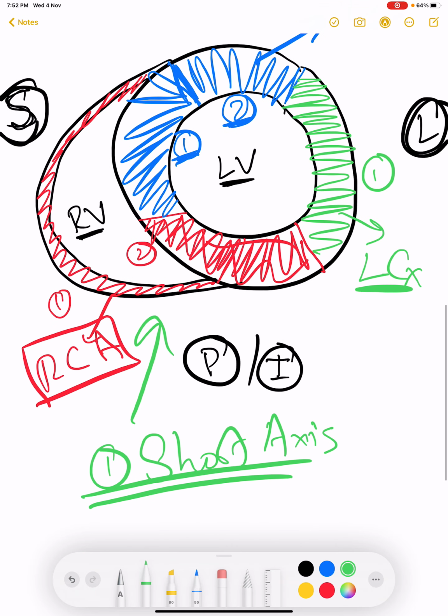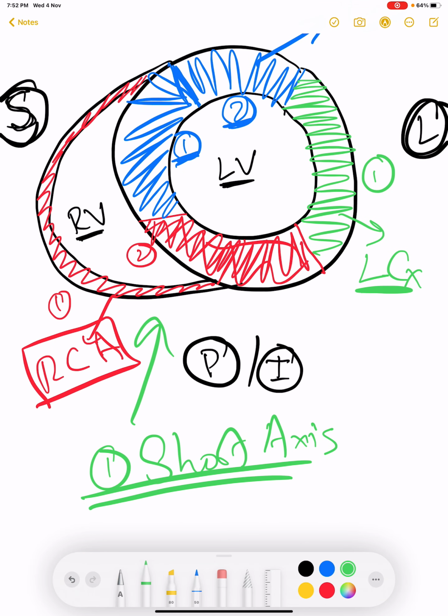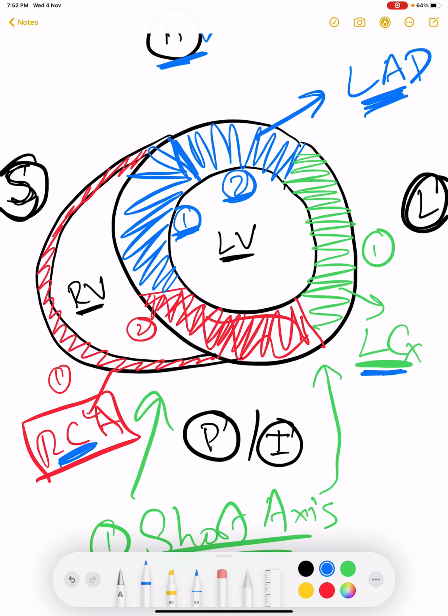If any portion of the wall is not contracting properly, then we can assume that this area is damaged because that particular artery is damaged, whether it is RCA, left circumflex artery, or left anterior descending, if that specific portion of the wall is not moving.